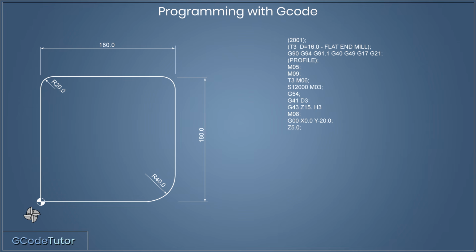So I'm rapiding down to 5 millimeters above the part so we can feed the tool down as we start cutting into the material. So now most of the distance of the cutter movement towards the material has been done by rapid travel. We can do the rest in a more controlled manner by using G01, our feed rate command. So G01 with a Z depth of minus 5 millimeters will take the cutter 5 millimeters deep into the material.